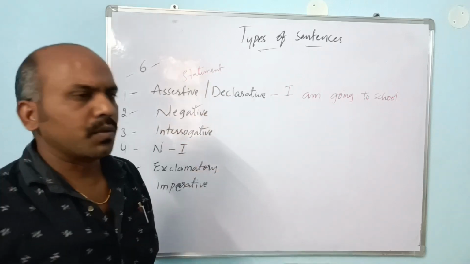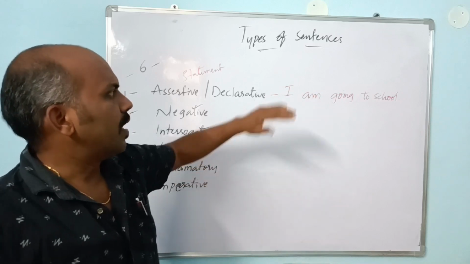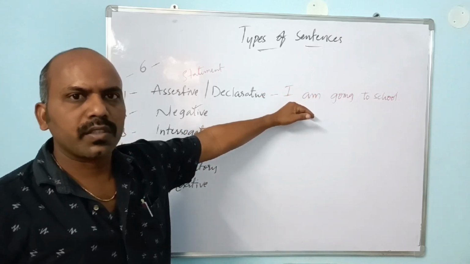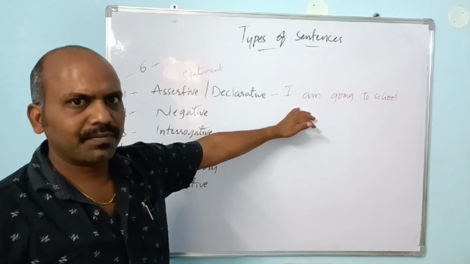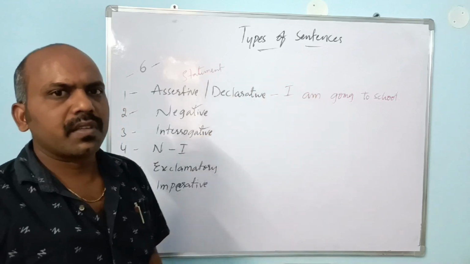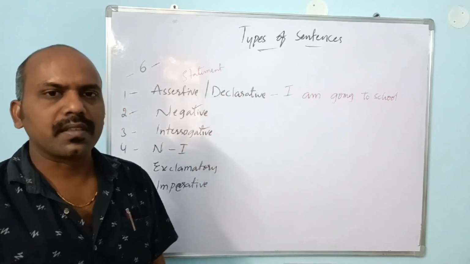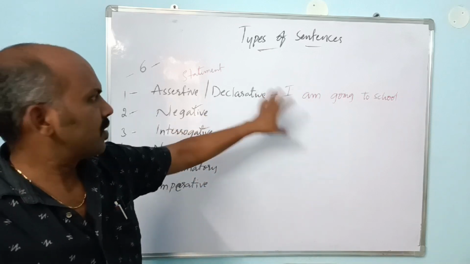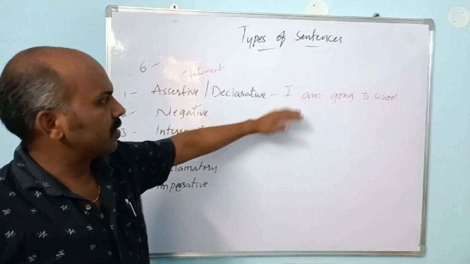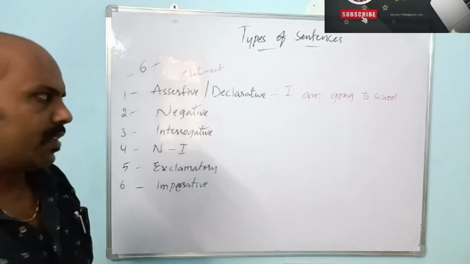So I am going to school, it comes under a tense, it is present continuous tense, and it is declaring what you are doing, and it is a statement, and it is a sentence. Like these, maximum sentences in English come under assertive and declarative sentences. Right? When we know that this is a sentence, from this we can get all the remaining sentences. Let's see how we get that.